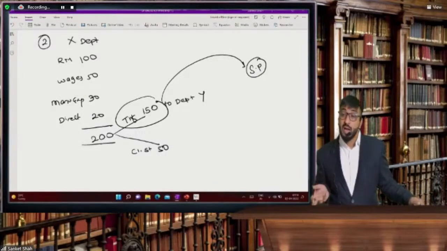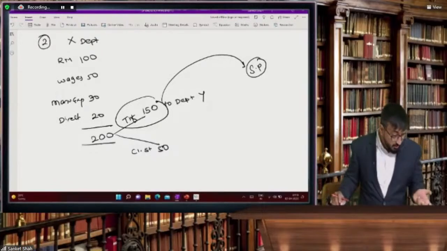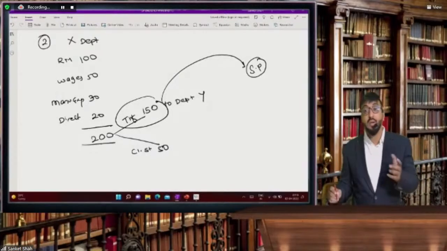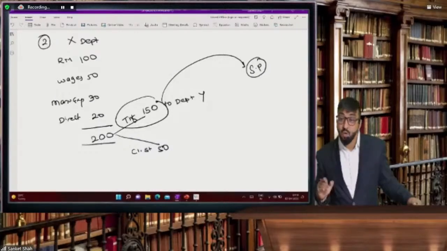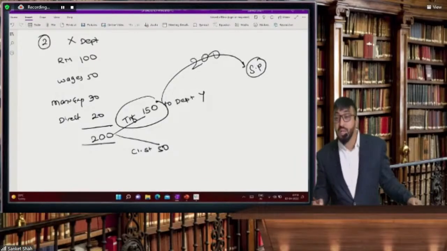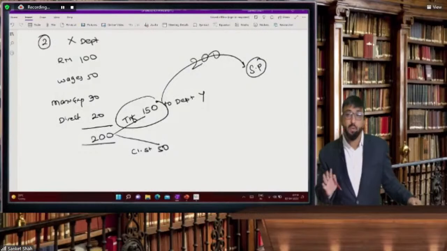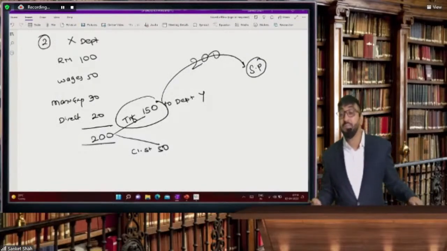But if you transfer it at selling price or by adding some profit margin, then it will be a problem. सर 150 को 150 पे ट्रांसफर किया तो बहुत सिंपल प्रॉब्लम है. 150 को if you transfer it at 200 rupees, then there will be a problem, and that problem we are going to understand in the departmental accounts.